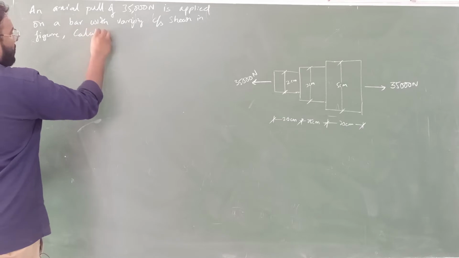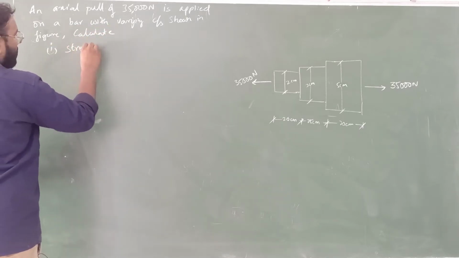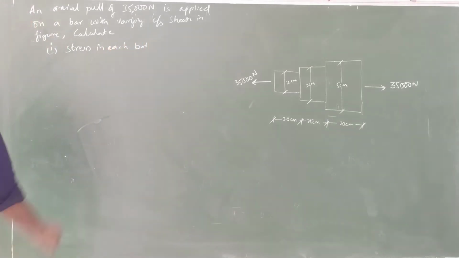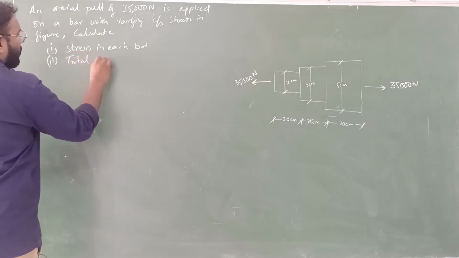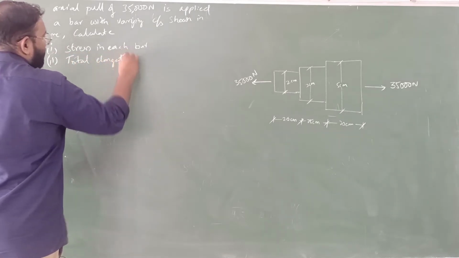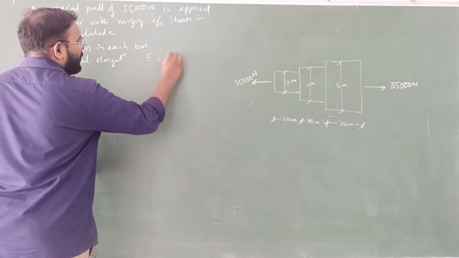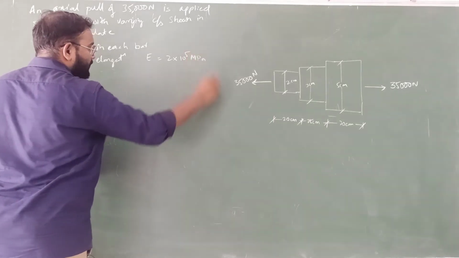Calculate, first one, stress in each bar. Second, total elongation. Take E is equal to 2 into 10 power 5 megapascal.